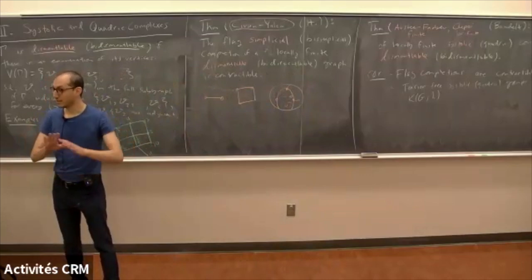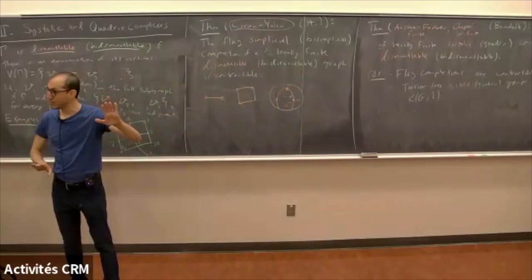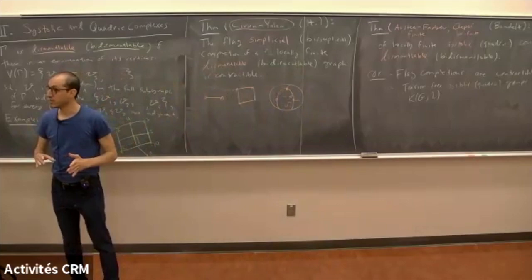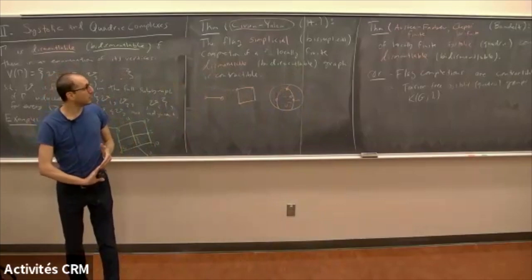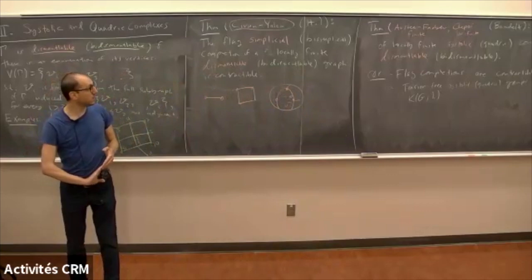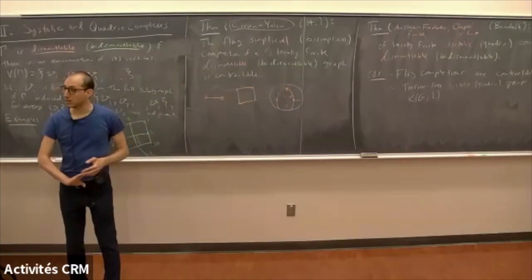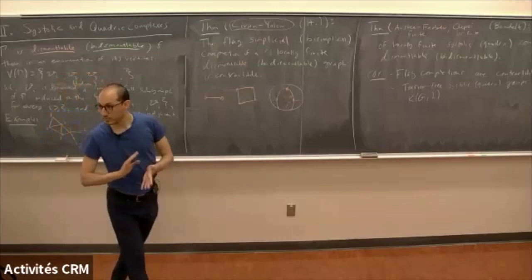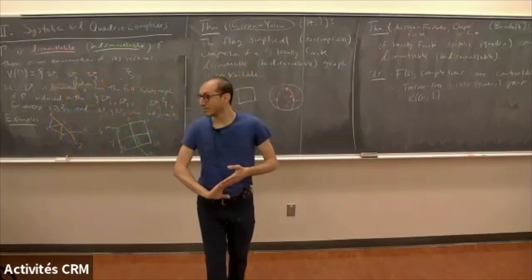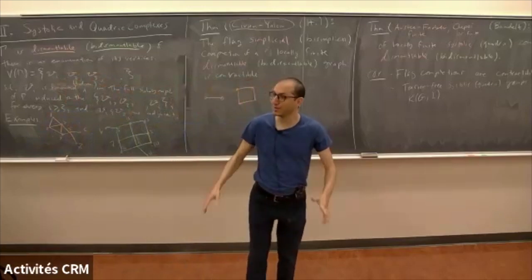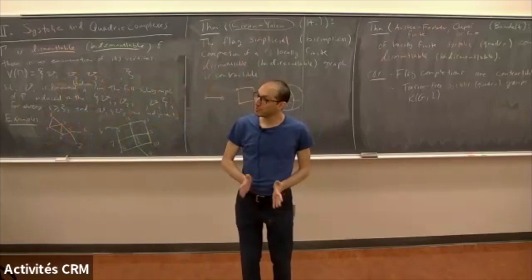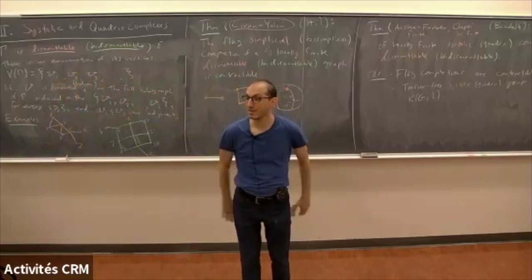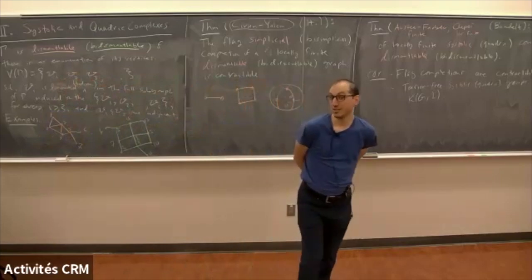For example, there are many different ways of tessellating the plane using triangles and squares in a CAT(0) way. That's not the kind of behavior that you see in systolic and quadric complexes. So that's another way to answer that question. But also, you can try to push things in those directions. That would be interesting, I think.